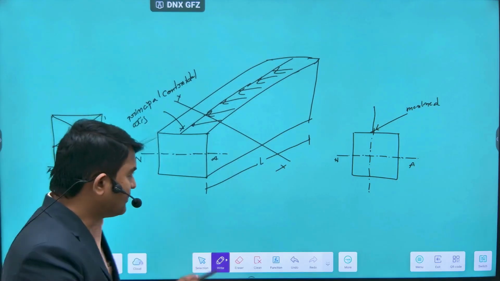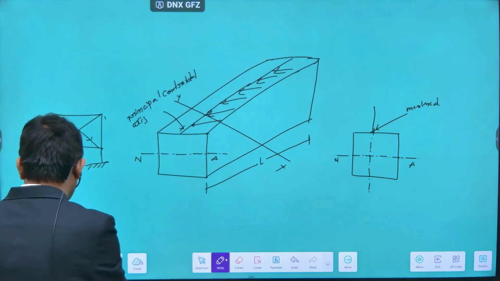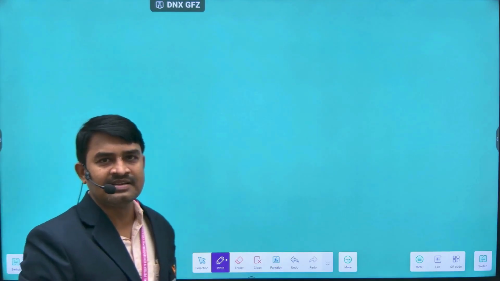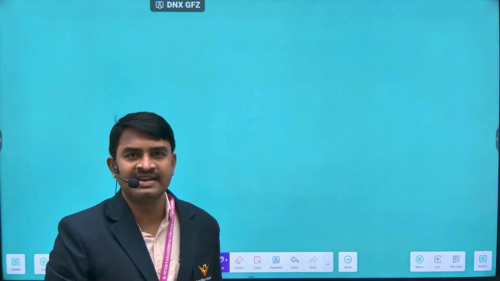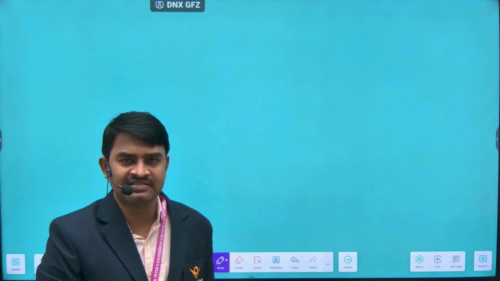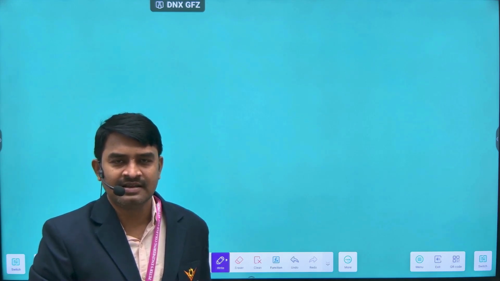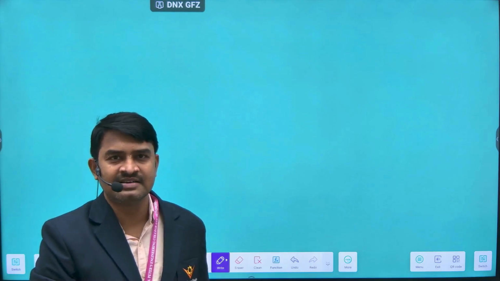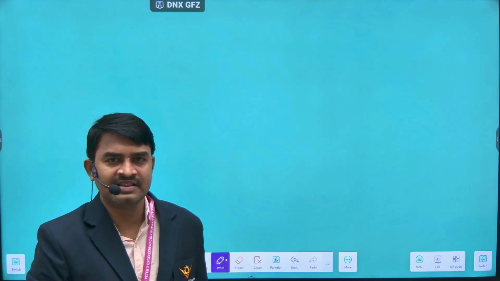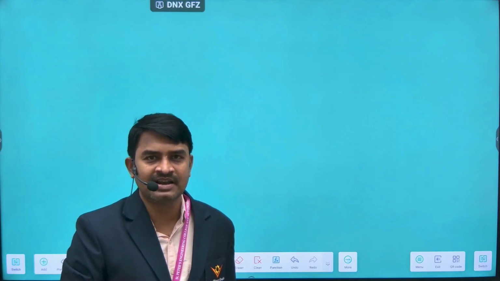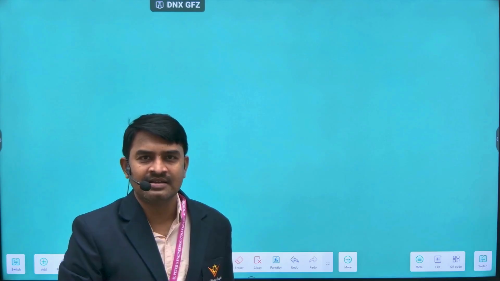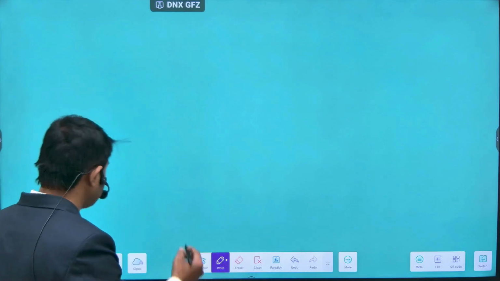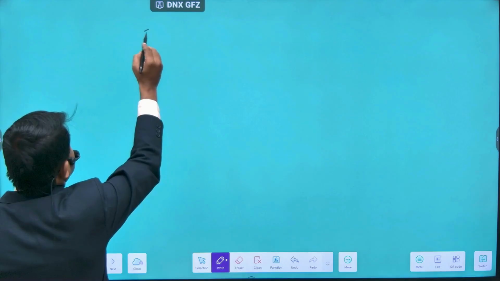The next important concept here: already we know what symmetrical sections and symmetrical bending are. I gave a few examples, and also for unsymmetrical sections and unsymmetrical bending. Then the next very important concept here is stresses.